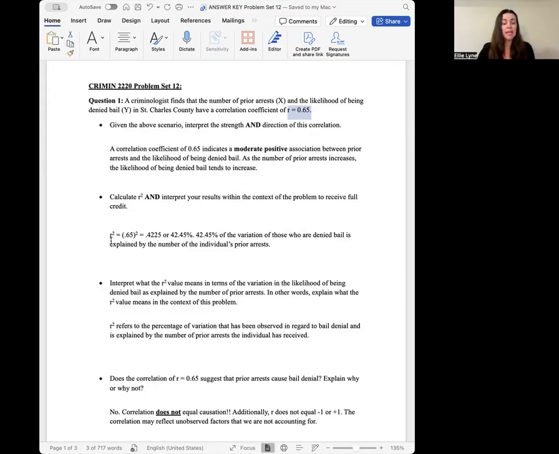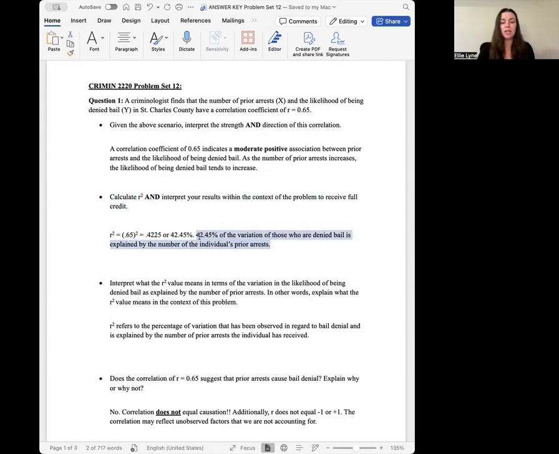42.45%. And once we determine this, we know that R squared is describing to us the variation of one variable in relation to the next. And so the key here, and what a lot of people tended to miss in this case, was interpreting these results within the context of the problem. And this is really our key here, because if you stopped at this point, you probably got partial credit because you're still answering part of the problem here.